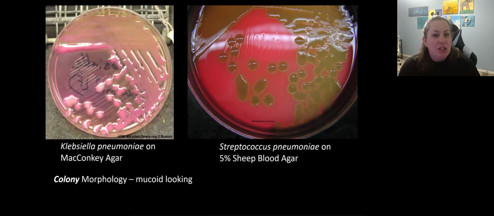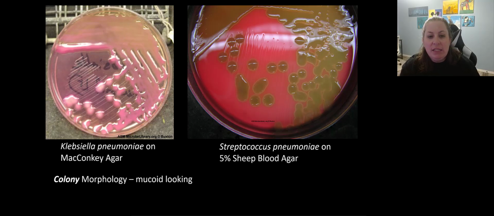So let's take a look here at some plates of organisms that have a capsule or slime layer. If we look here, there's Klebsiella pneumoniae. This is being grown on a type of plate called MacConkey agar. You can see that it looks very sticky and mucousy as it's growing on that plate.